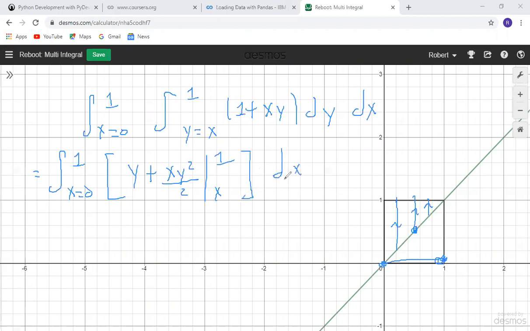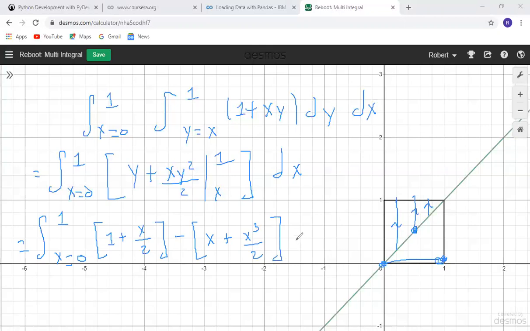dx. Okay, so this then is the integral from x equals 0 to 1. Okay, over here, when y is equal to 1, this is going to be 1 plus x over 2 minus, now y is equal to x, this is x plus x cubed over 2.